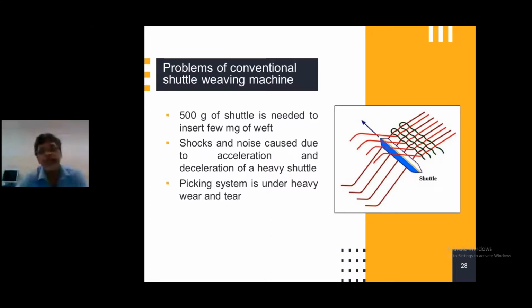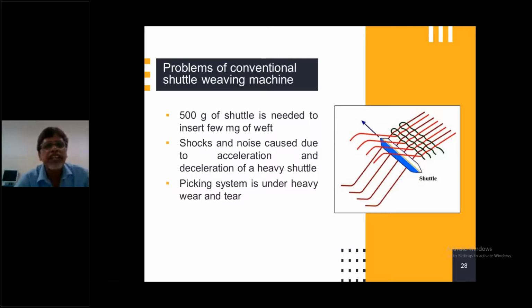We are still manufacturing a large amount of fabric on the shuttle loom, but what is the problem of the shuttle loom? That led to the development of shuttleless weaving.